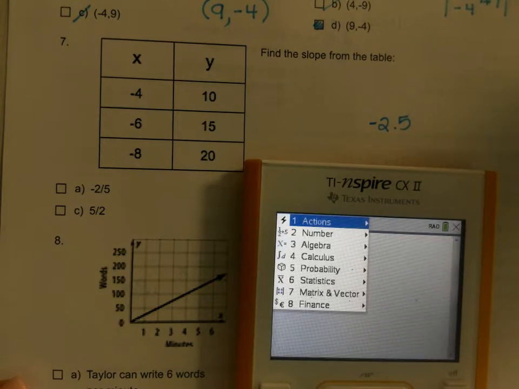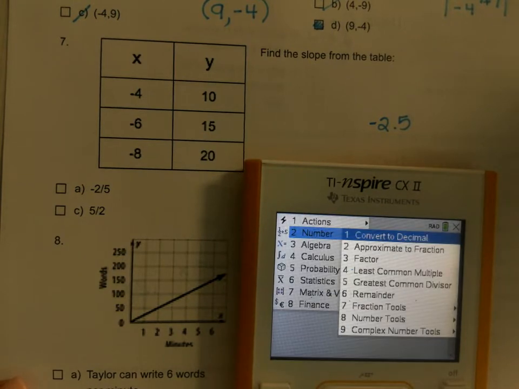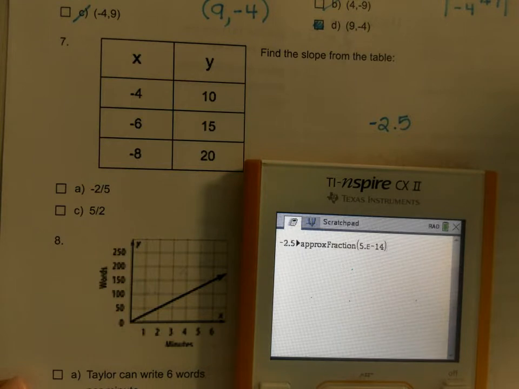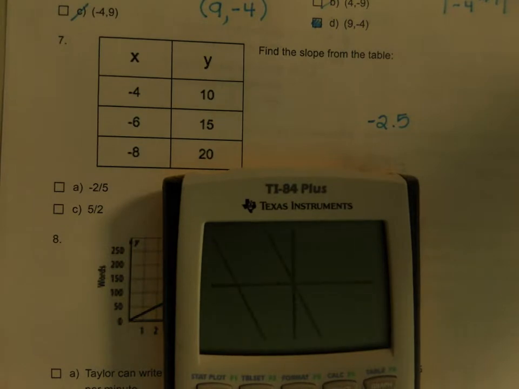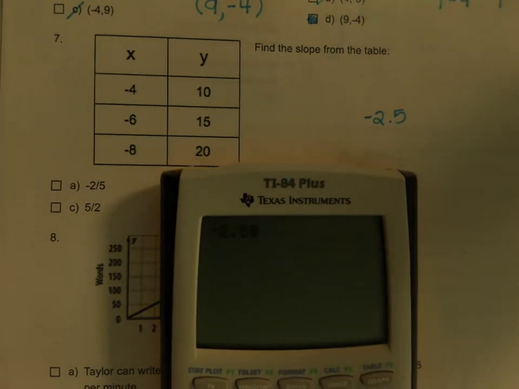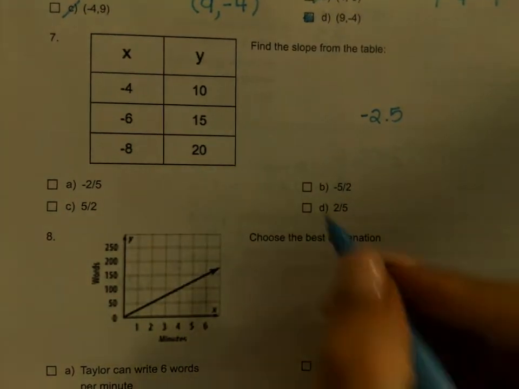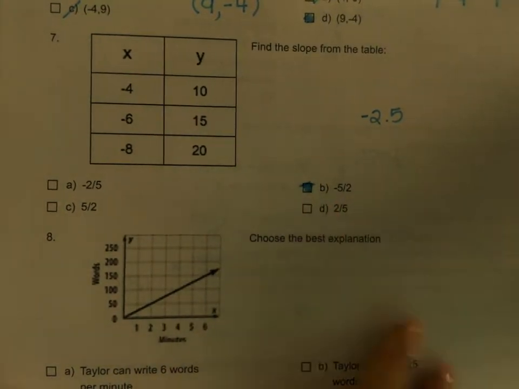If I click menu, go to number, and I want to approximate it to a fraction. That's not what I wanted. Okay, let's just do it on the old one until I can fix that mistake. Sorry about that. So if I'm doing it on the old one, we have negative 2.5, math, inner, and it's negative 5 over 2. So that's how you do it on the calculator.